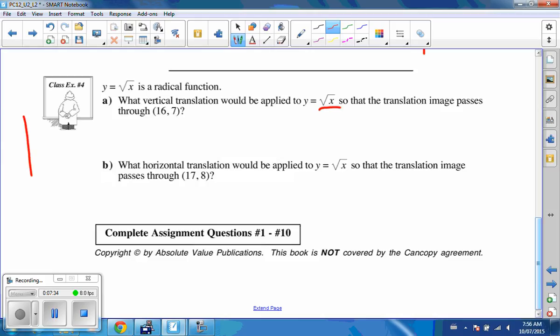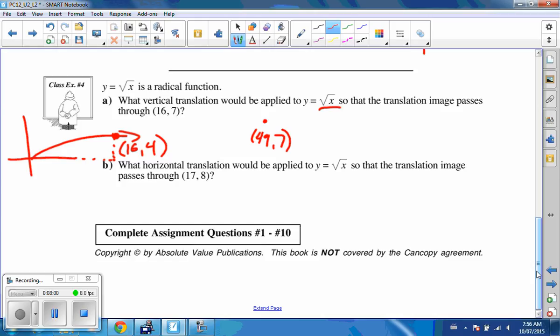Well, if we think this out, there's y equals root x. Y equals root x should pass through the point 16, 4, because the square root of 16 is 4. It would then pass through the point somewhere way over here of 49, 7.